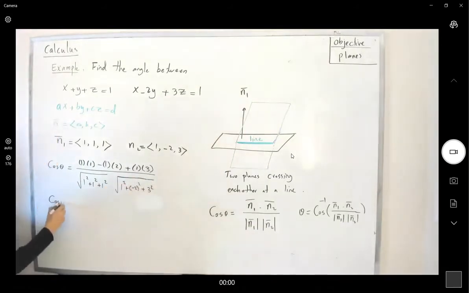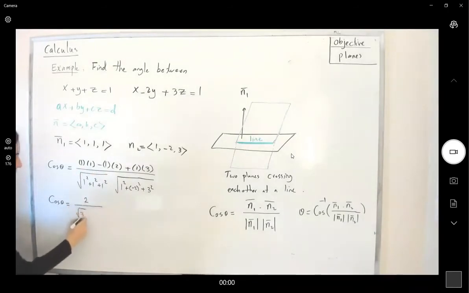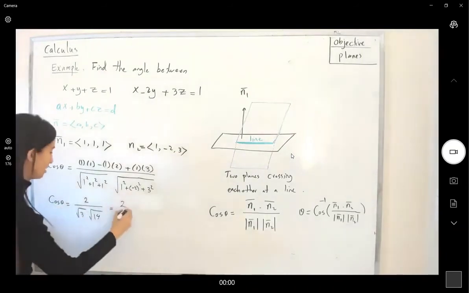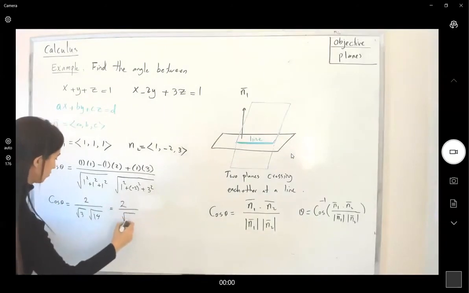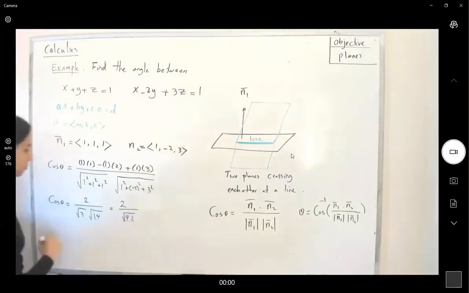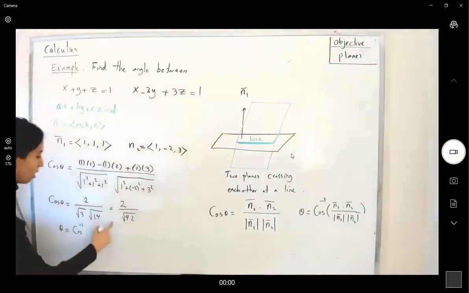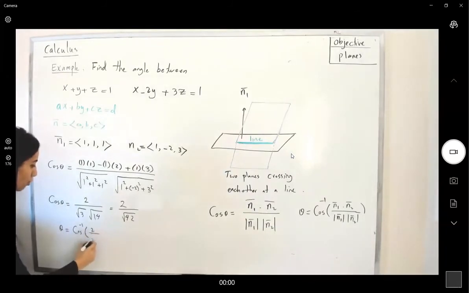So cosine theta is equal to, you have 1 minus 2 minus 1 plus 3, you get 2, divided by square root of 3 times square root of 14. So cosine theta is equal to 2 divided by square root of 42. So theta is the inverse cosine of this number, 2 over square root of 42.